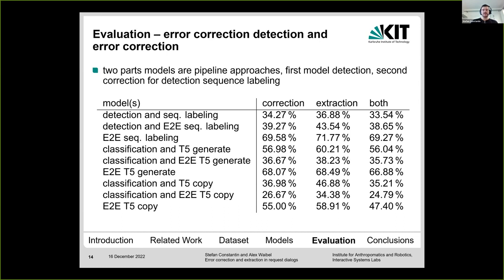The results are that the end-to-end approaches are better than the pipeline approaches. The best approach is the end-to-end sequence labeling approach with an accuracy of 69.27%. The end-to-end T5 generate approach is with an accuracy of 66.88% only slightly worse.